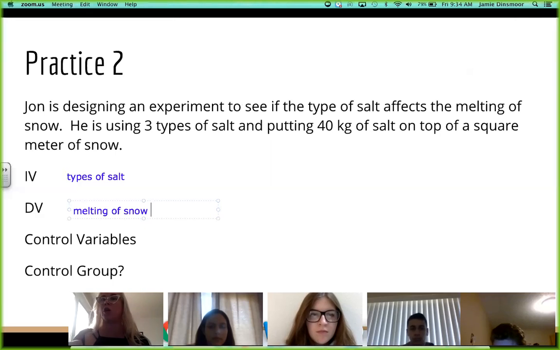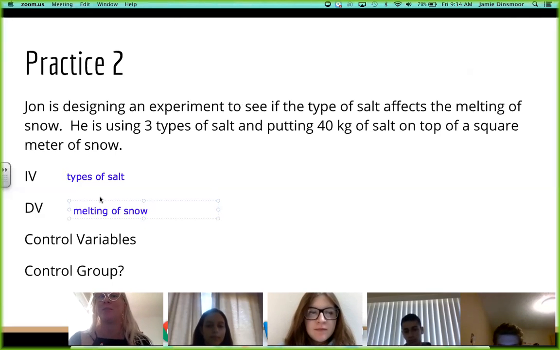So you could actually measure the volume, I guess, of the water. True. You can even do something as simple as sticking a ruler in and measuring the height of the snow and how much it goes down. If it starts out at 10 inches and the next day it's at 9, then you can assume that like 1 inch of snow has melted. So there's a whole bunch of different ways that we could do this experiment.